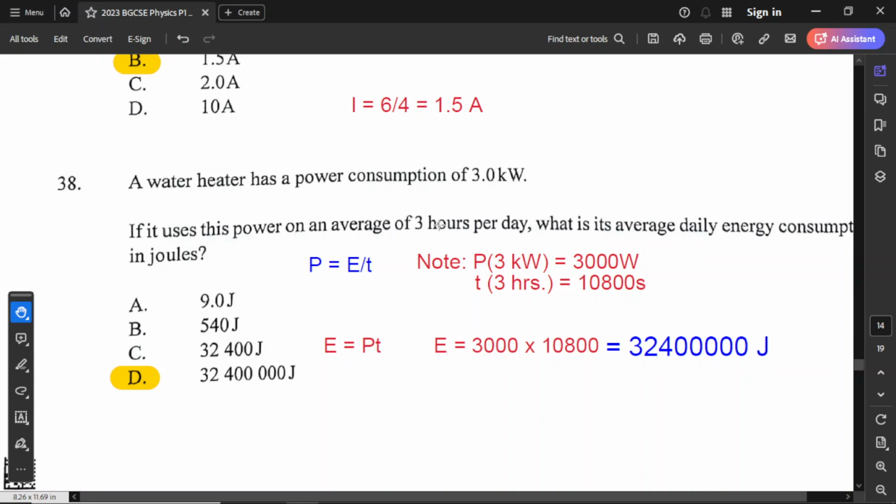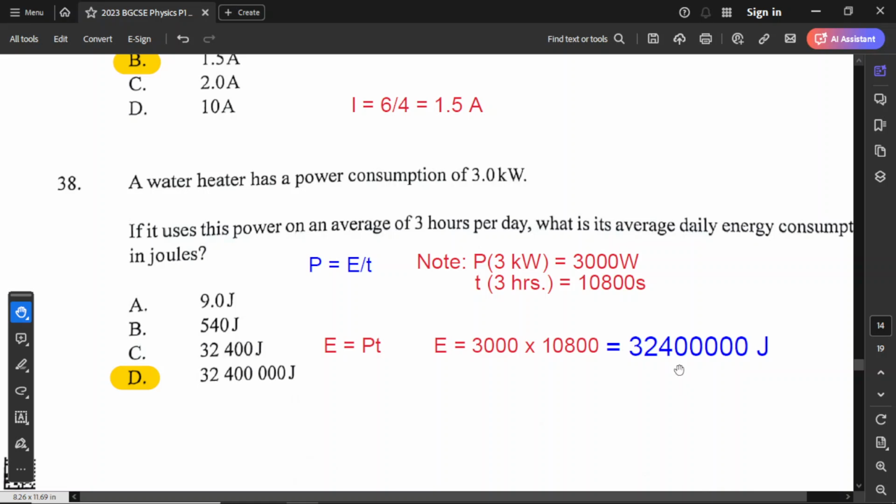However, there's some special notation to make here: the power, which is 3 kilowatts, is the same thing as 3,000 watts. Time is 3 hours, which is the same thing as 3 times 60 times 60, giving 10,800 seconds. So it will be the power, 3,000, multiplied by the time, 10,800 seconds.